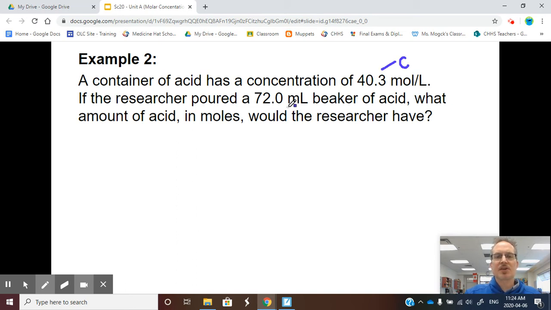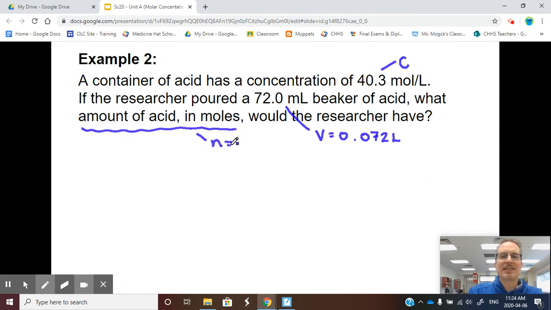If the researcher poured 72 milliliters, so we know that is a volume. But volume, because this is in moles per liter, has to be in liters. So I'm going to divide this by 1,000. And then we are trying to find what amount of acid in moles. So we are trying to find n on this question.